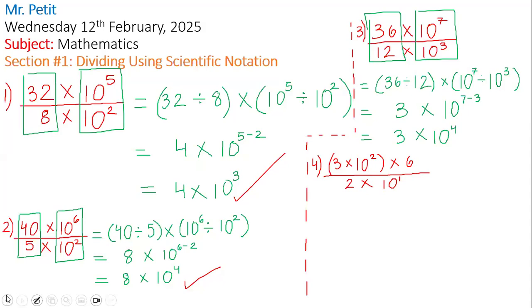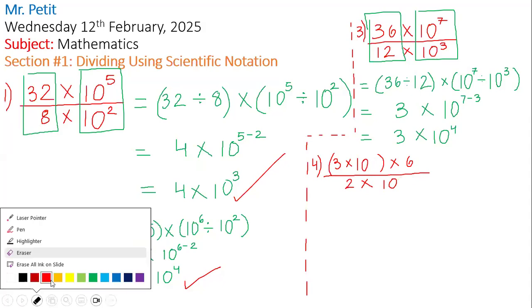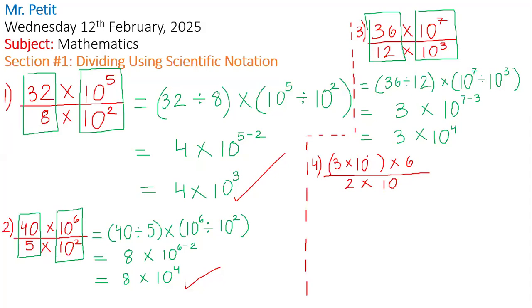No, let me not do that. Let me change this one to the power of 9 and this one to the power of 7. How about that? So we have 3 times 10 to the power of 9 multiplied by 6, all over 2 times 10 to the power of 7.